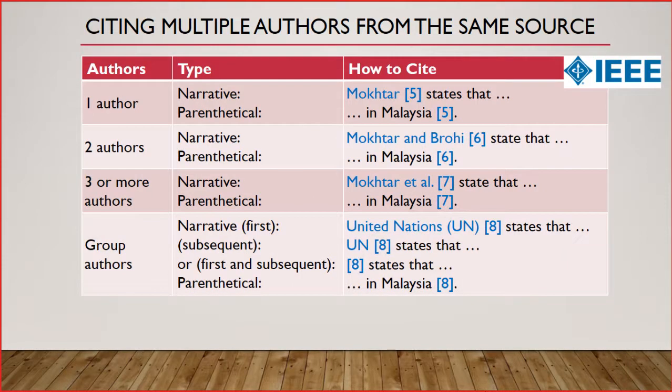Now similarly, we have IEEE. It is quite different. We have 1 author, 2 authors, 3 or more. I think IEEE is more simple compared to APA in terms of how to cite, whether narrative or parenthetical.